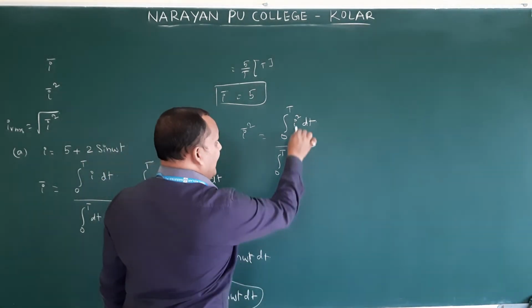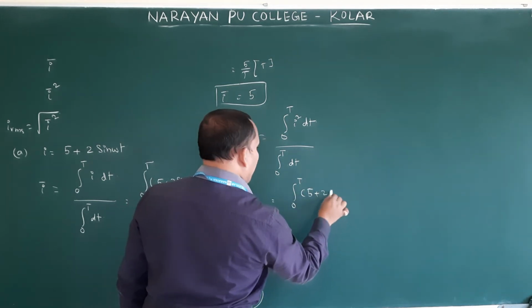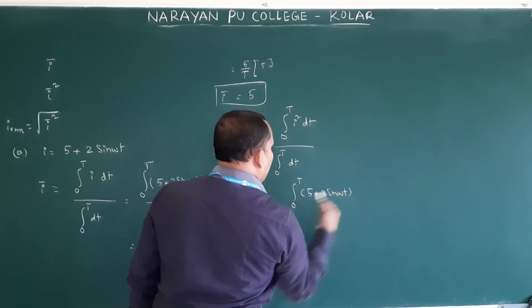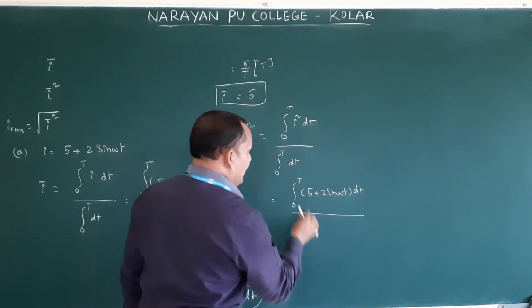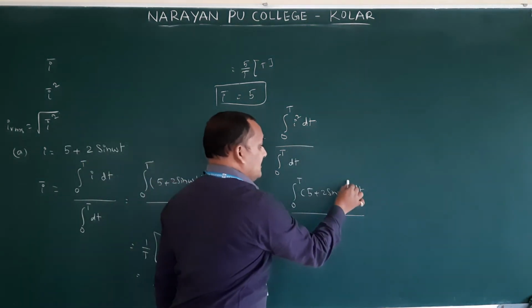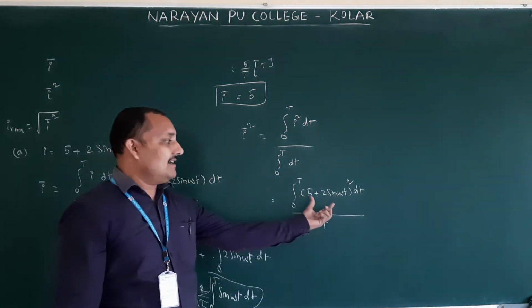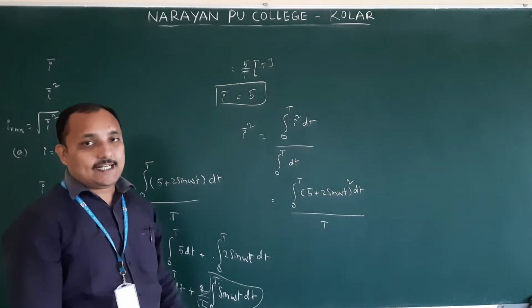Integral 0 to t I square, 5 plus 2 sin omega t, whole square, dt, divided by t. We forgot the square. This equation is nothing but the a plus b whole square formula. We have to expand that one.